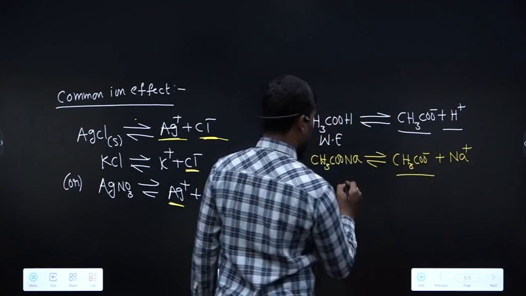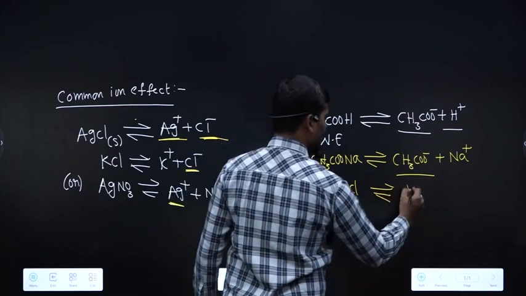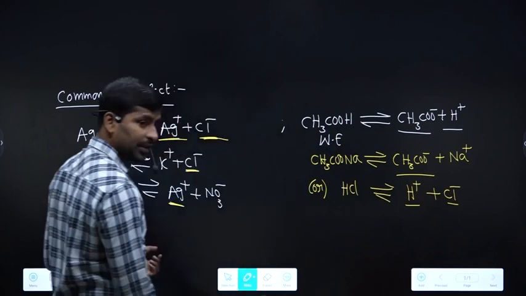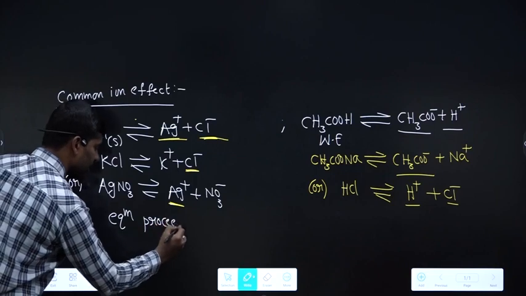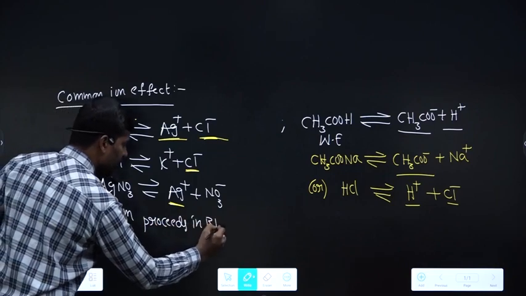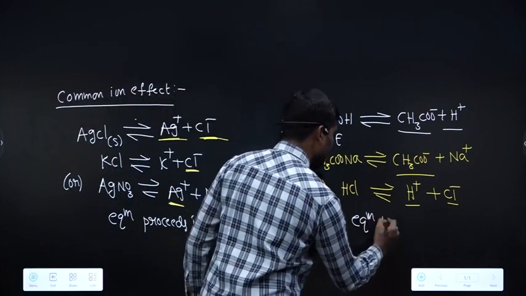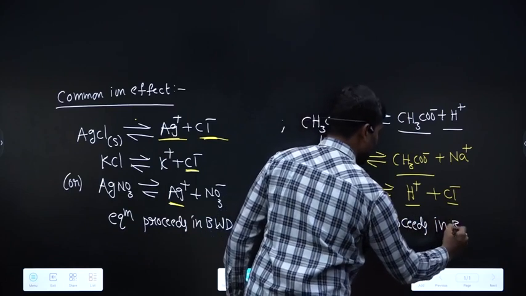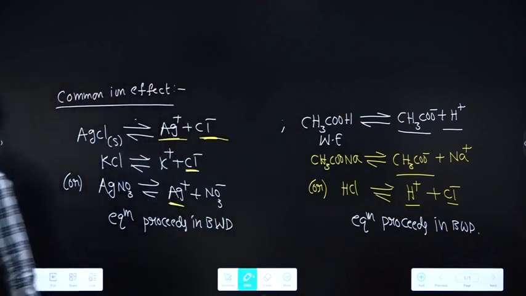Acetate ion is the common ion. Or I am adding HCl. What is the common ion here? H plus is the common ion. In both the cases, equilibrium proceeds in which direction? Backward direction. As concentration of products is increasing, equilibrium proceeds in the backward direction.